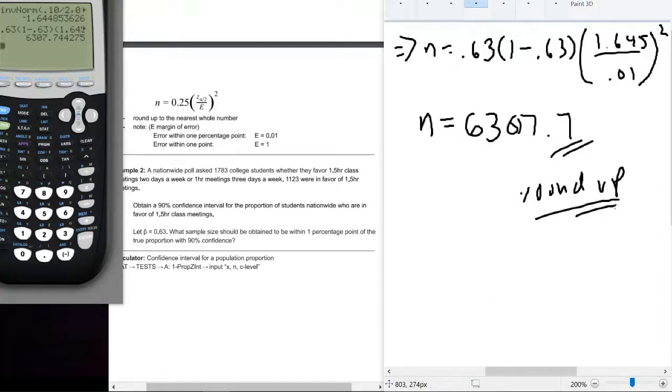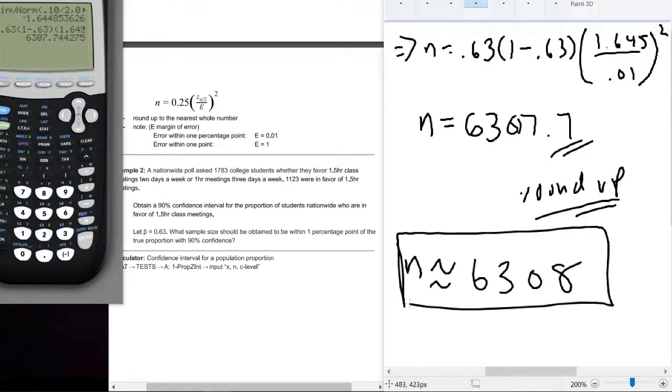There are rules for rounding, whether you round up or down, but with estimating sample size, even if this was 6307.1, we still want to take that piece of the individual unit into consideration. We need to round up in order to do so. So in order to be within 1 percentage point margin of error, the sample size must be 6308.